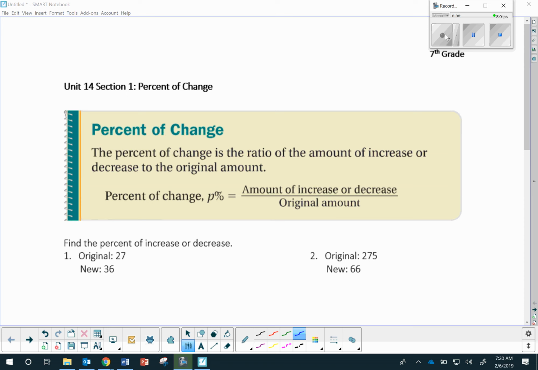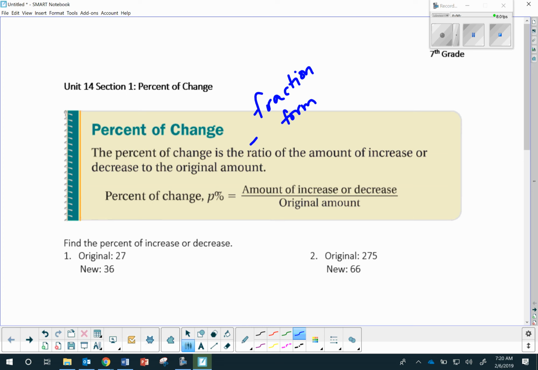The first thing we want to look at is when we calculate percent of change, it really is a ratio. So if you remember, we're going to be working in fraction form, which then will help us work in percent. So we're going to find a ratio of the amount of increase or decrease to the original amount.